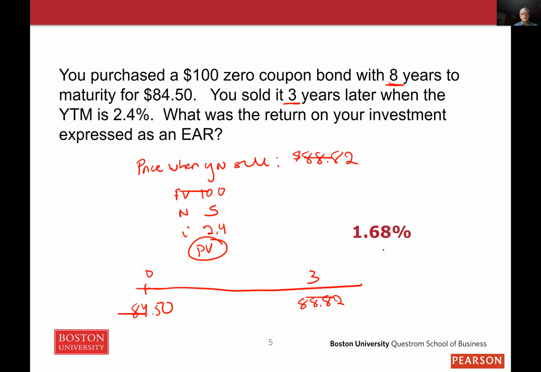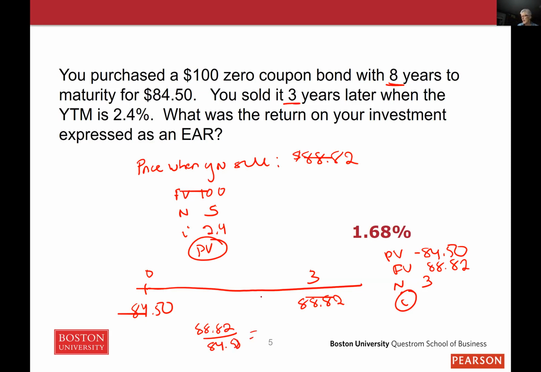So one is that you could say present value is 84.50, future value is 88.82, N is 3, solve for I. The other thing you could do is say 88.82 divided by 84.50.